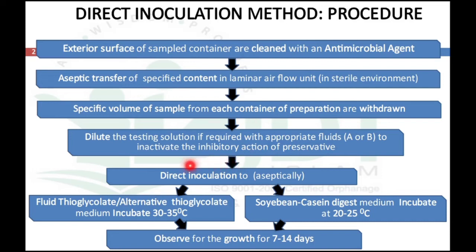Then we will directly inoculate this to culture media, that is fluid thioglycolate and alternative thioglycolate, and we will incubate at 30 to 35 degrees Celsius for bacteria, and soybean casein digest media at 20 to 25 degrees Celsius for fungi, and then we will observe the growth of microorganism for 7 to 14 days.